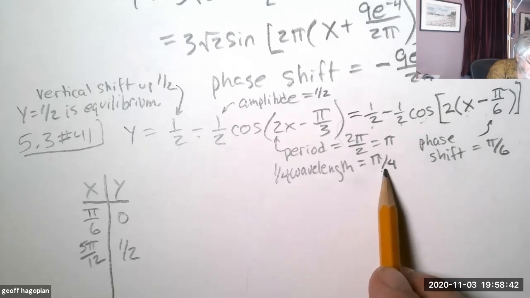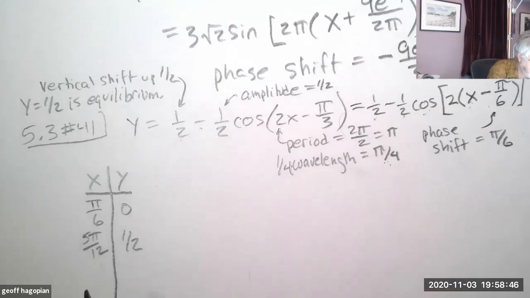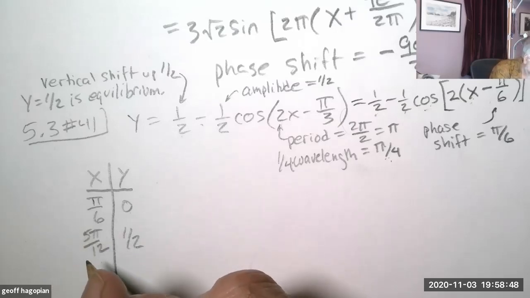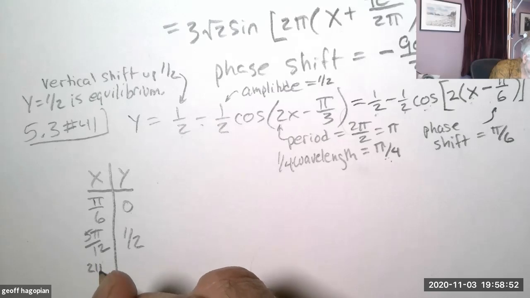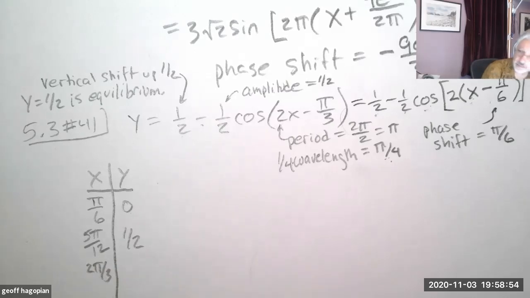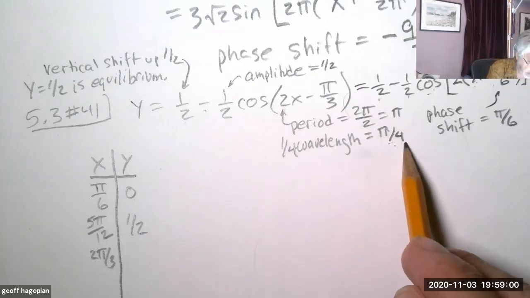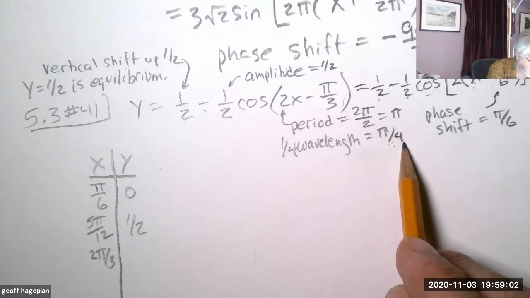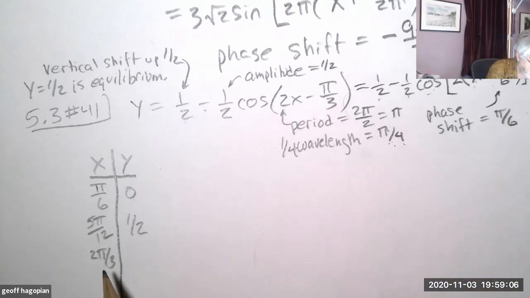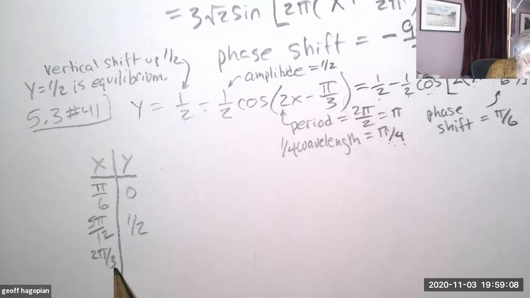Another pi over 4 down the road is going to be 8 pi over 12, which is 2 pi over 3. Yeah, I did that in my head. Maybe I shouldn't. But this is the same as 8 pi over 12, which is 5 pi over 12 plus 3 pi over 12, right? And this is also 4 pi over 6.